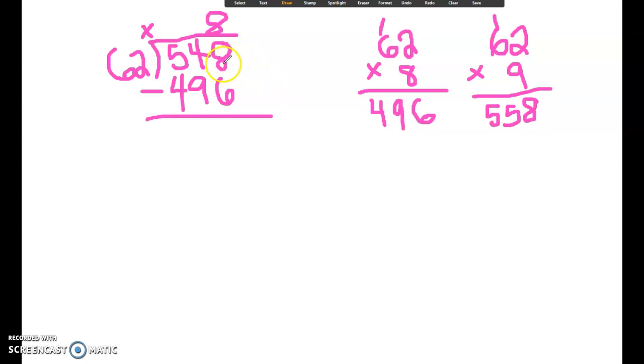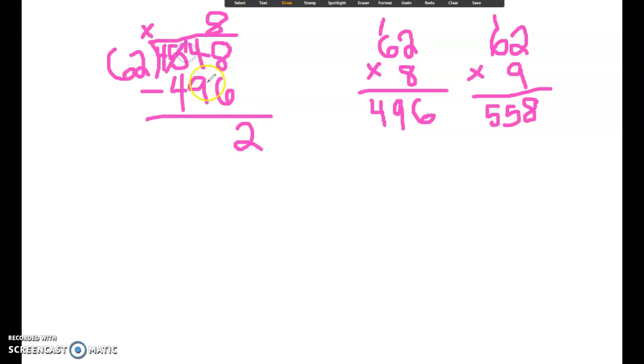You have to do 8 minus 6. Okay, what is 8 minus 6? 2. And then you have to regroup for the tens place. I do have to regroup. Why do I have to regroup, Melanie? Because 4 is less than 9, so you can't do that. Perfect.